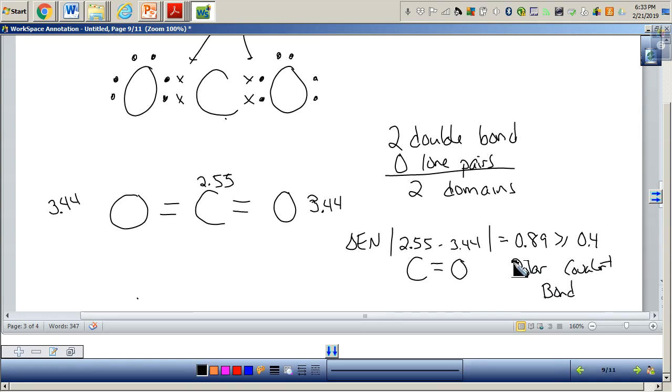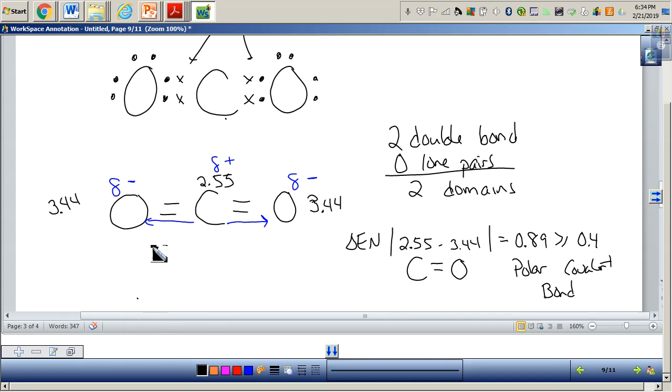How do I know if it's a polar covalent molecule? Well, if I look at this bond, I can see that the oxygen pulls on the electrons more. And if I look at this bond, I can see the oxygen pulls on the electrons more. So both of these oxygens are pulling electrons to the outside, and the higher electronegativity number has the negative charge. So the negatives are on the outside, the positive is on the inside. Higher numbers are the negative, lower numbers are the positive.